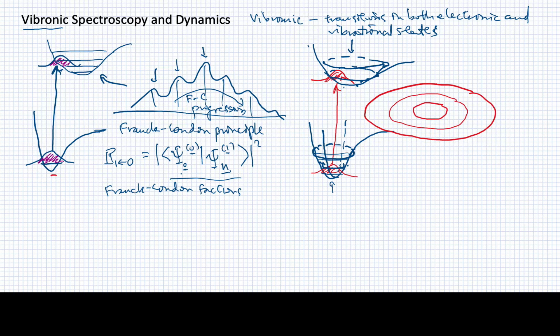Now I've purposely drawn these with different dimensions because I want to emphasize that I have a wide coordinate here and a thin coordinate here. All right, now the wide coordinate is basically going to be one that has a lower frequency of oscillation. The narrow coordinate will be one that has a higher frequency of vibration.